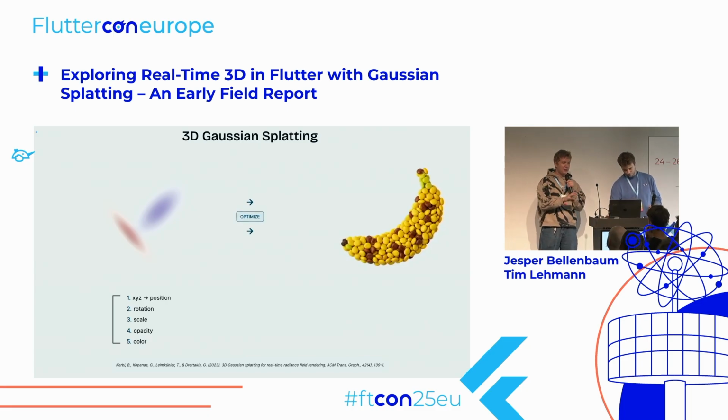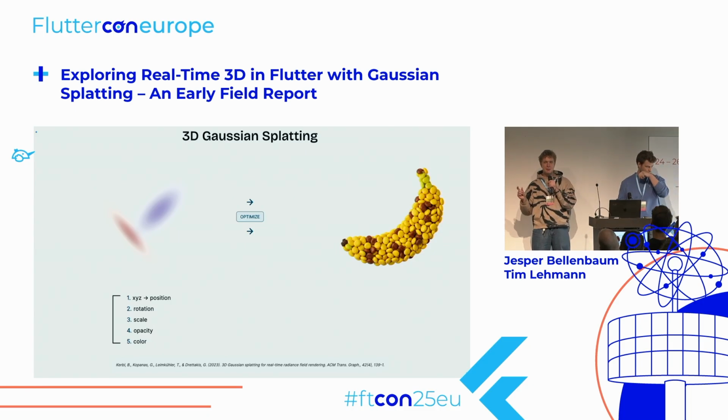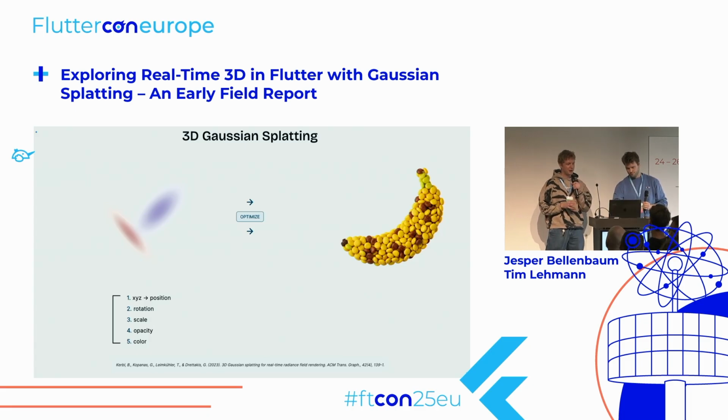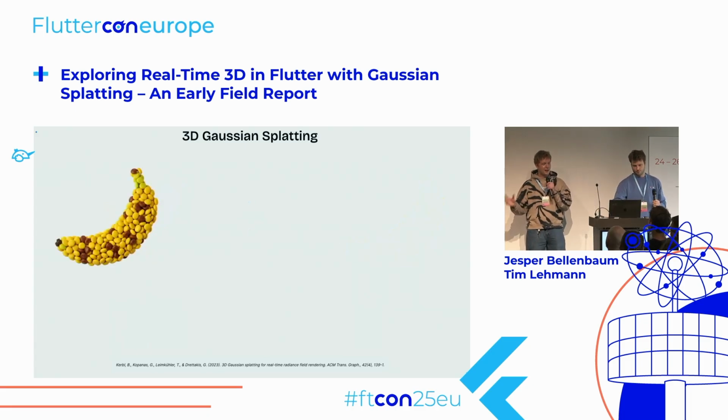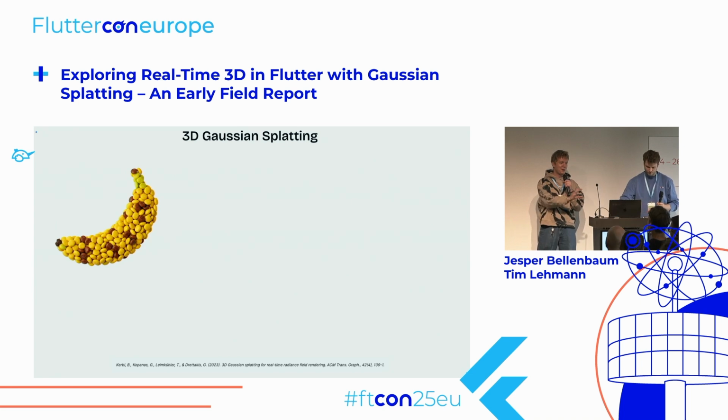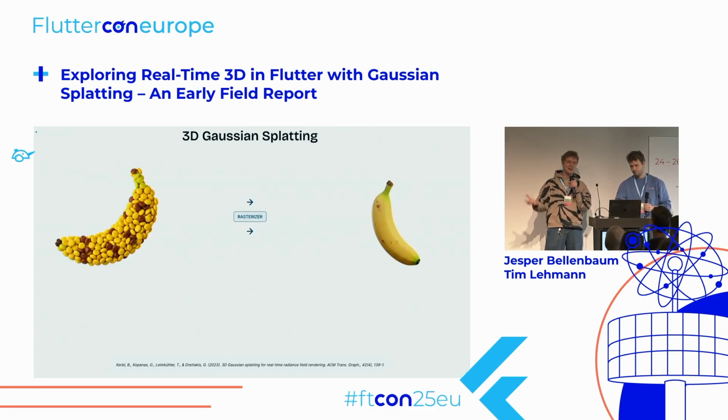And now that we have these Gaussian functions, we can basically tell our optimizer that we talked about earlier to find a way to place them in 3D space with these parameters to get closer and closer to the representation of our Radiance field that we looked at earlier. And then we have this Radiance field where our banana is now made up of all of these M&Ms, 3D ellipsoids. And we feed that into some sort of rasterizer and out comes our picture of the banana over time.